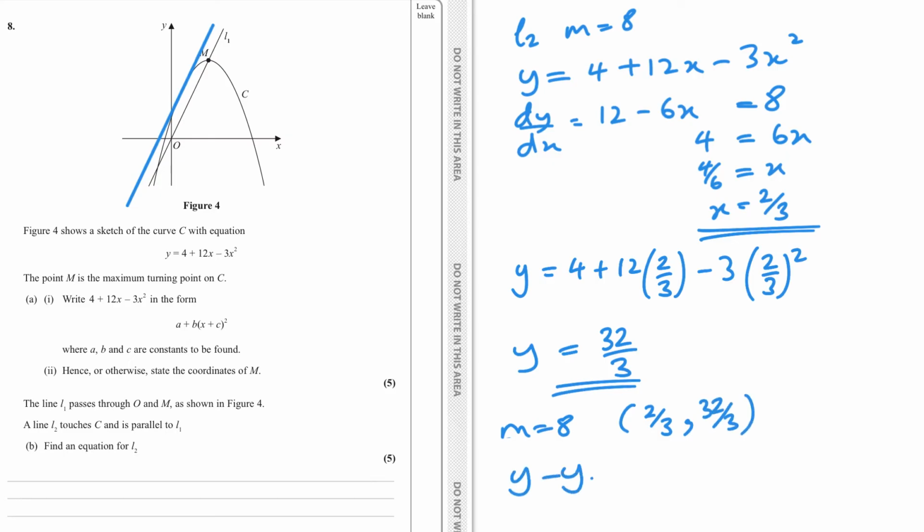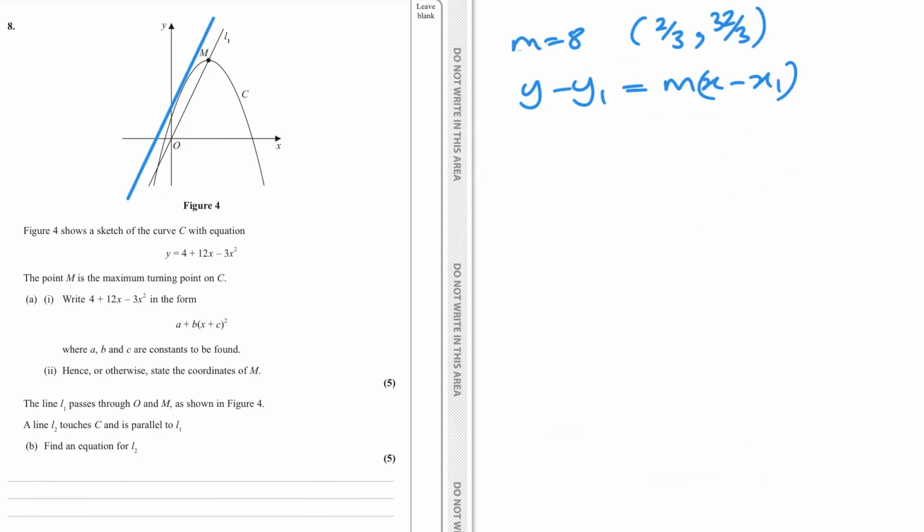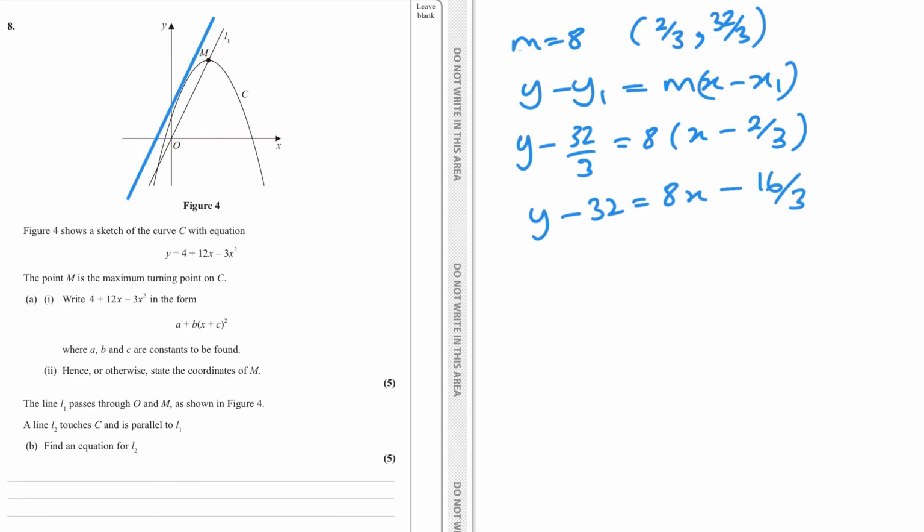So y minus y1 equals m(x minus x1), equation of a straight line. So that is y minus 32 over 3 equals 8(x minus 2 over 3). So y minus 32 over 3 equals 8x minus 16 over 3. So simplifying that gives me y equals 8x plus 16 over 3.